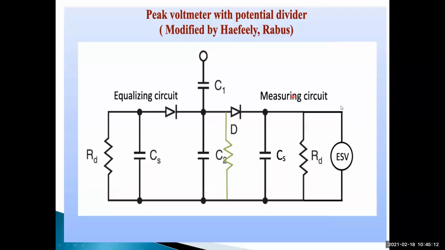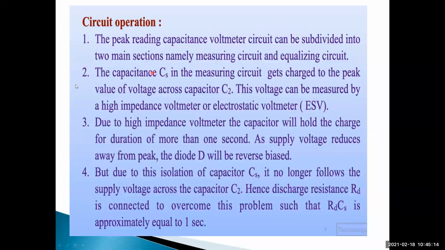Second, the capacitance CS in the measuring circuit gets charged to the peak value of voltage across the capacitor C2.